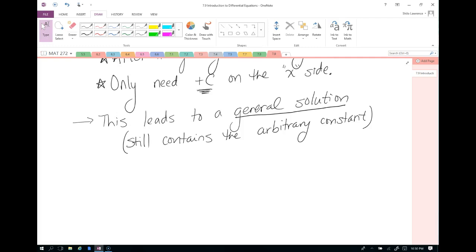So I know at the start of my problem when x is 0, y equals 12. So if you're given some extra information about your solution function, such as an ordered pair or a point on the solution graph, then you can use that to solve for the plus c, and that will give us a particular solution.